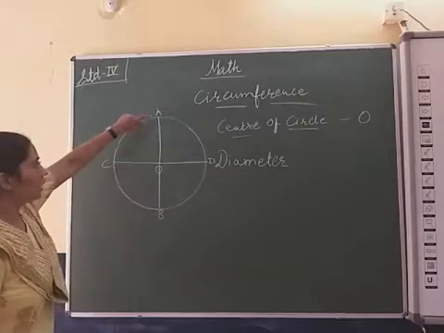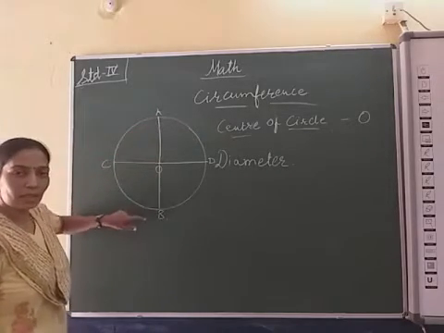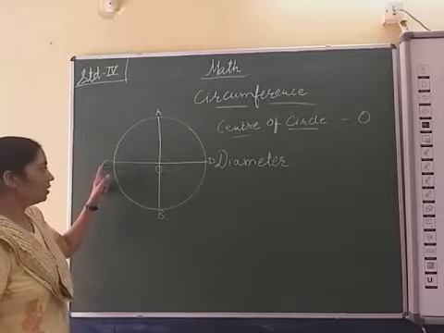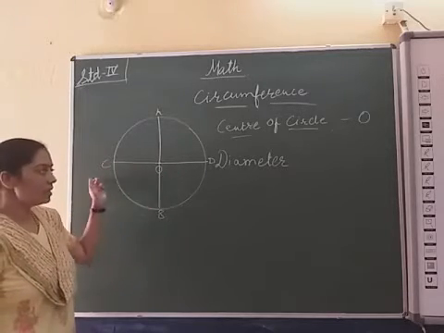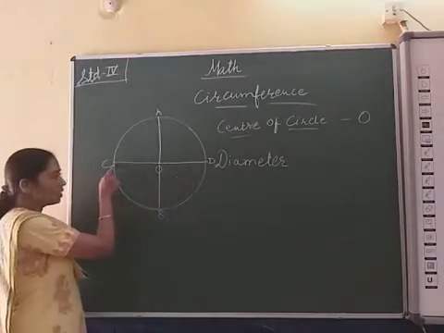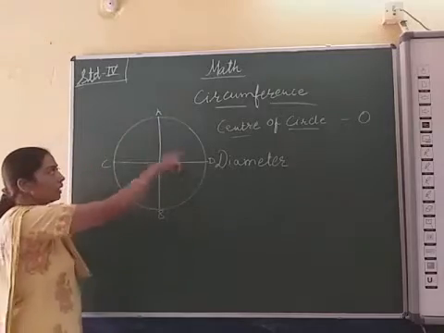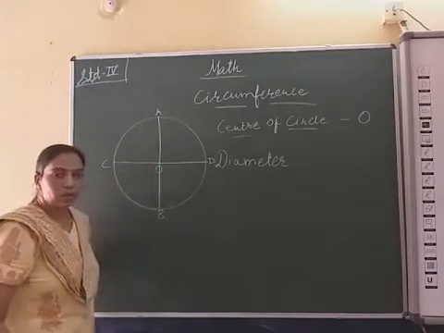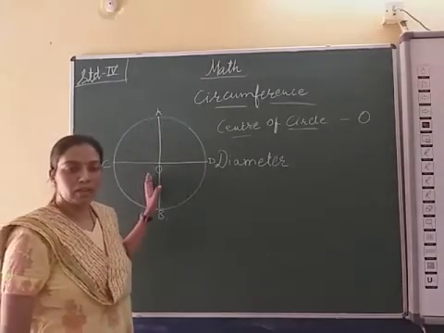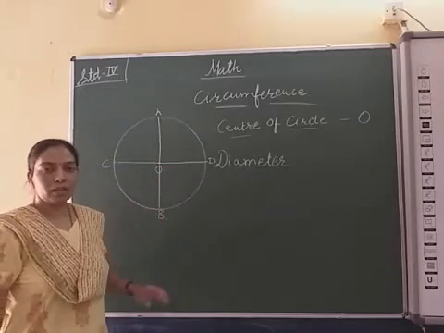See, this line segment AB passes through the center. Here this line segment CD is a diameter that passes through the center, and both the starting point and ending point lie on the circle. One more thing: a diameter equally divides the circle.